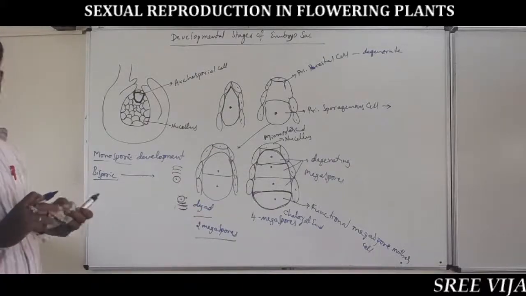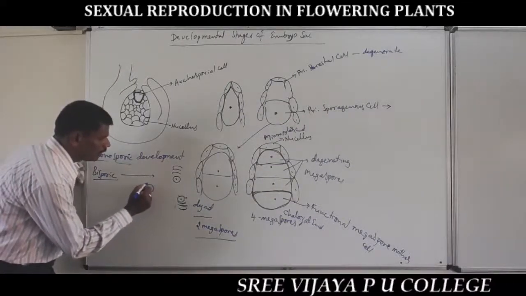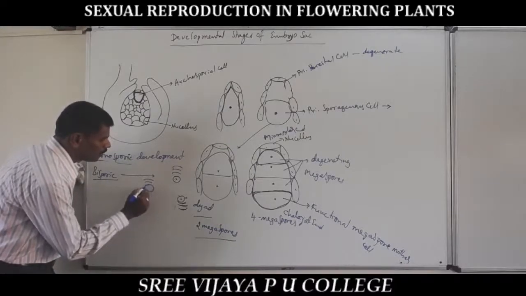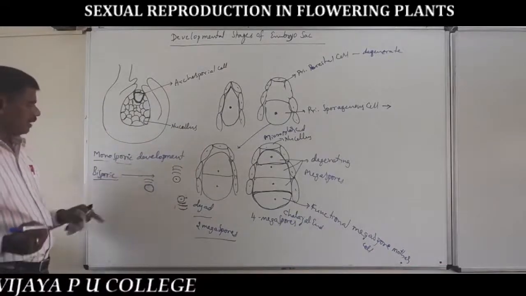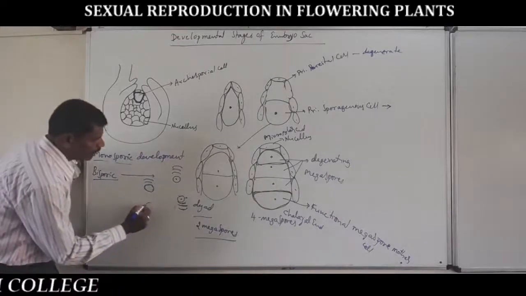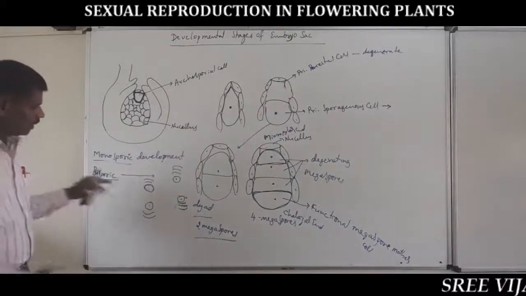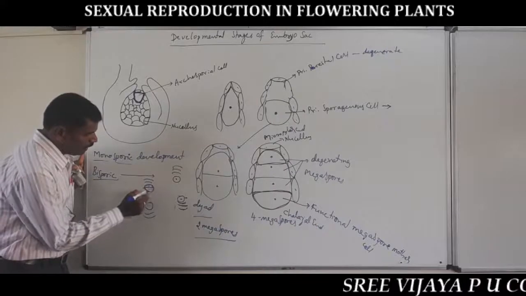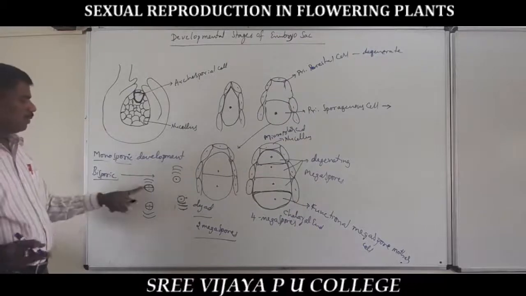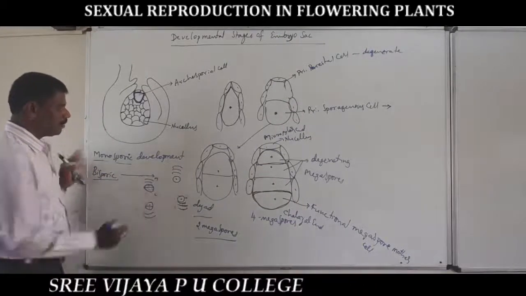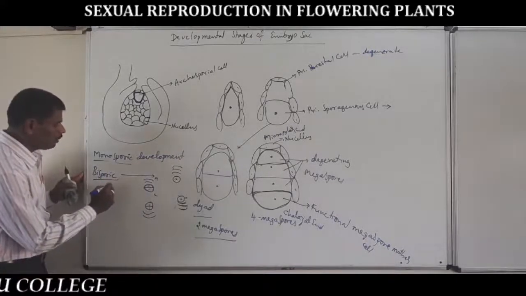In bisporic development, the two cells present towards the micropylar end are degenerate, and the two cells remaining are towards the chalazal end. So it is the type called oleum type.